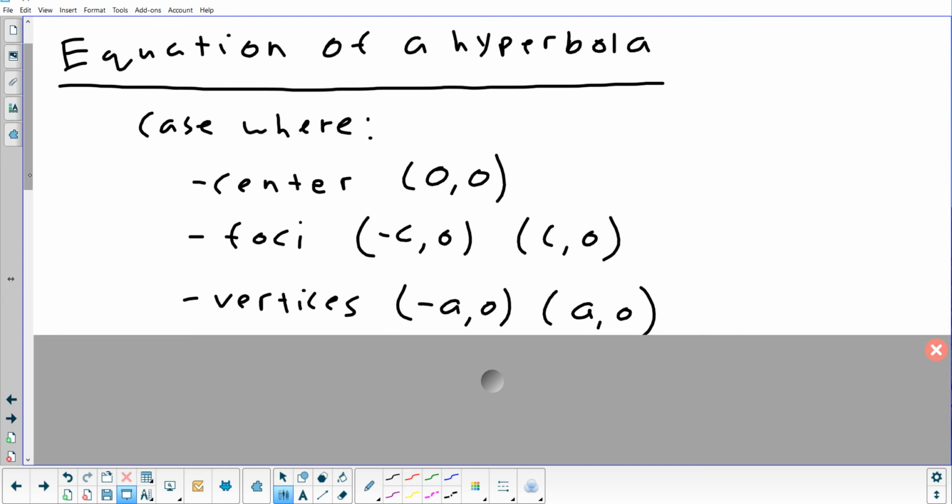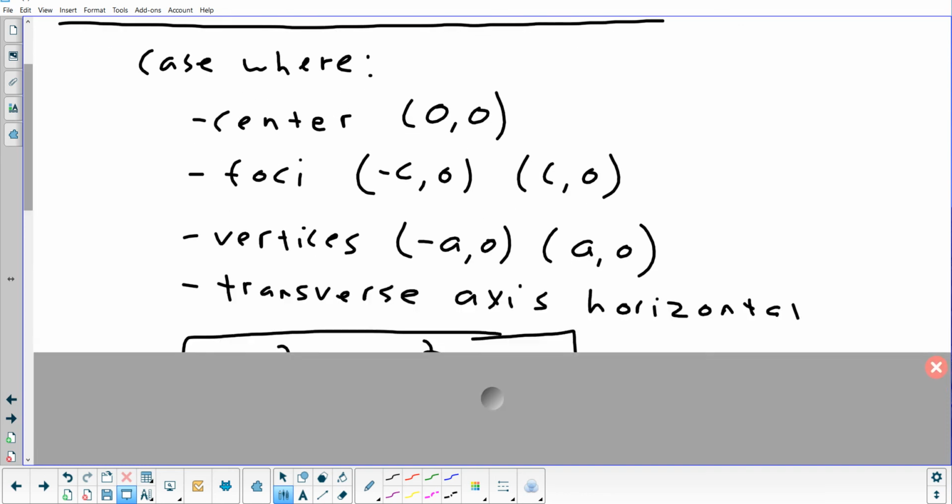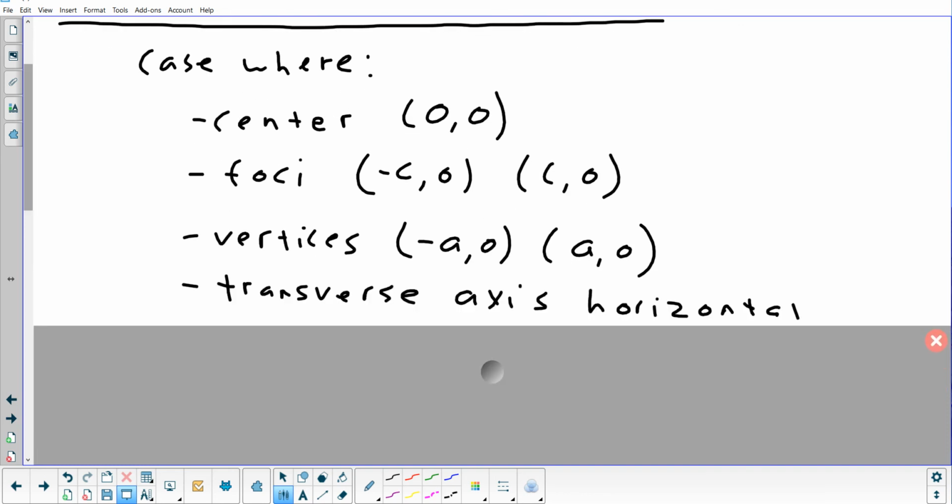A is the distance between the center and the vertex. It's exactly the same as yesterday. And this will be the case where the transverse axis is horizontal. That means your branches would open left and right. So the transverse axis would go like that.